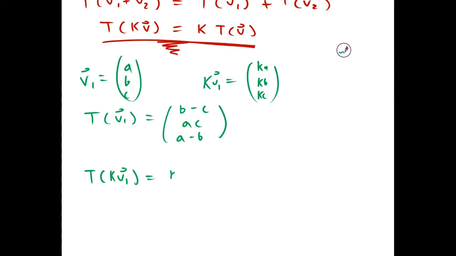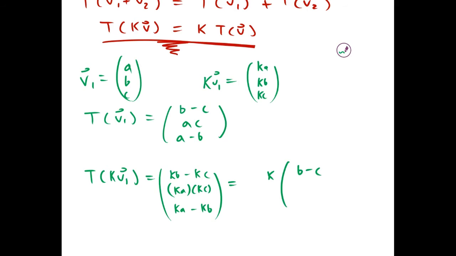So we should get kb minus kc, ka times kc, and ka minus kb. So this ends up being k times b minus c, k times kac, only one k comes out, and then k times a minus b.